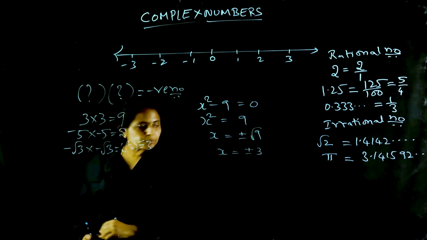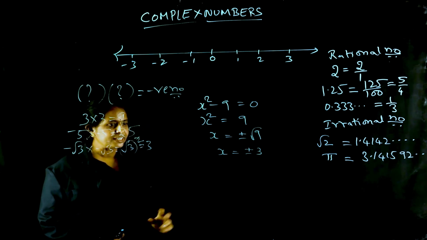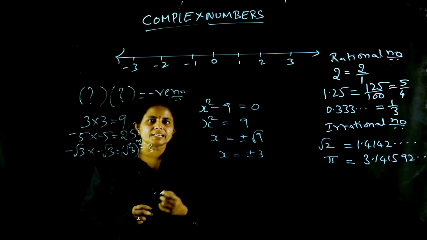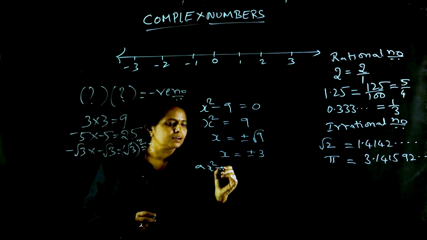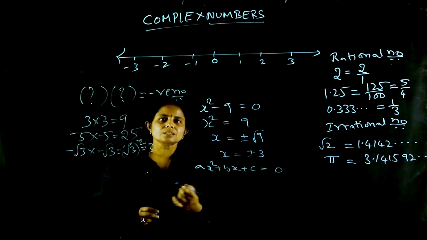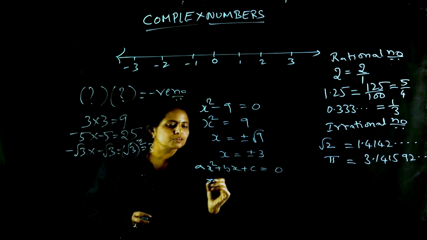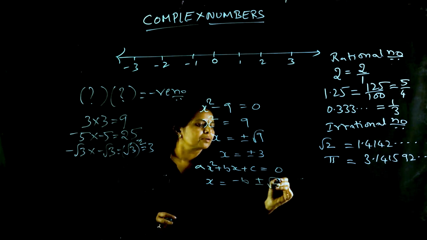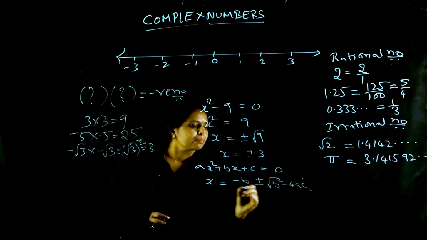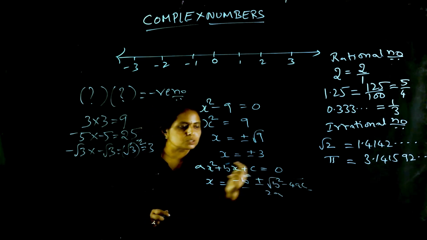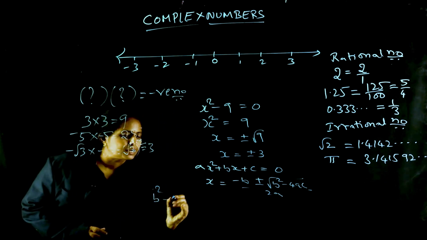The general form of a quadratic equation is ax square plus bx plus c equal to 0. For this quadratic equation, by using the formula x equal to minus b plus or minus under root b square minus 4ac by 2a, we will be finding roots of the quadratic equation. This b square minus 4ac is called discriminant.